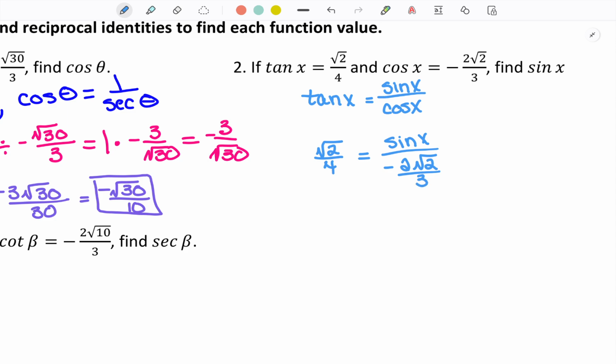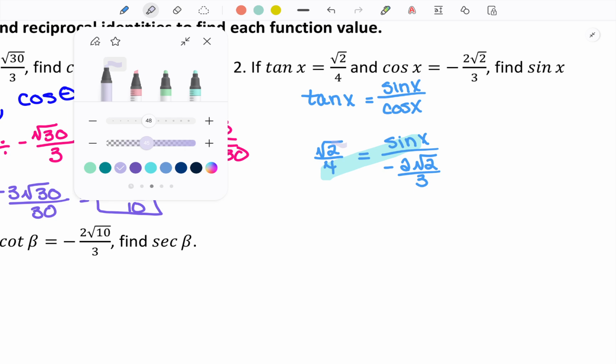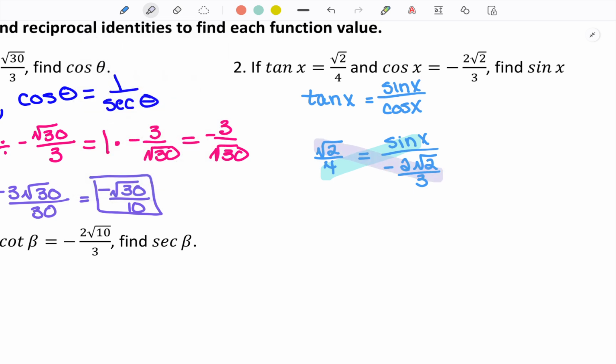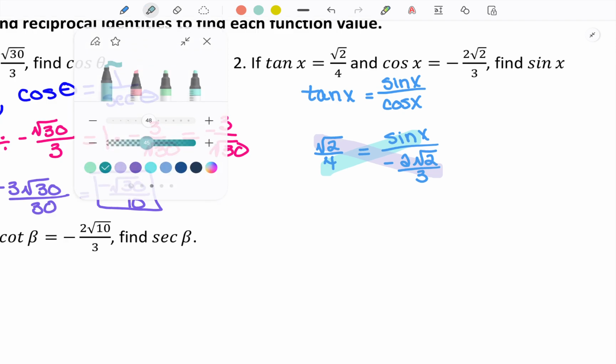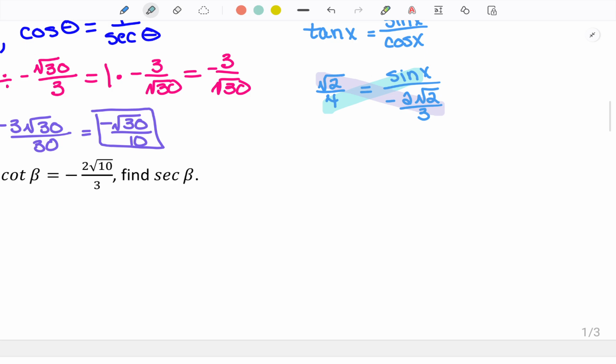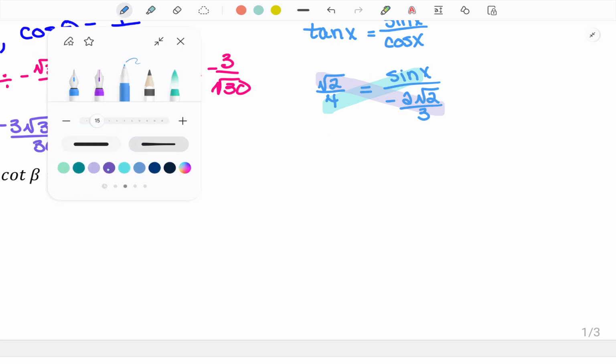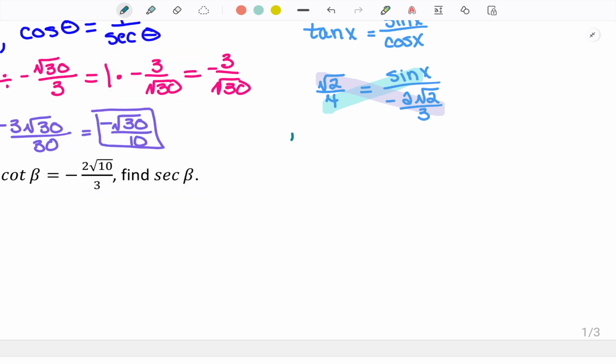So what we can do now is we can go ahead and cross multiply. So we have 4 times sine x, and then we have square root of 2 times negative 2 square roots of 2 over 3. So this is going to give us 4 sine x equals the square root of 2 times negative 2 square roots of 2 over 3.